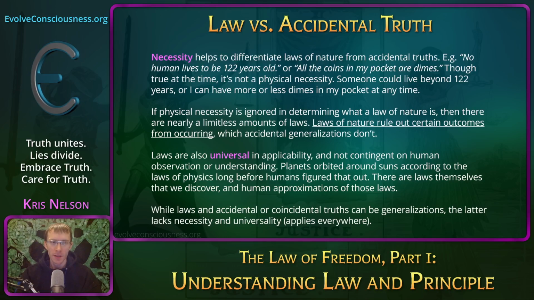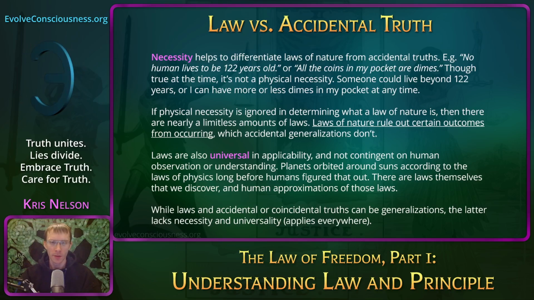If physical necessity is ignored in determining what a law of nature is, then there are nearly a limitless amount of laws. Laws of nature rule out certain outcomes from occurring, which accidental generalizations don't. Laws are also universal in applicability and not contingent on human observation or understanding.